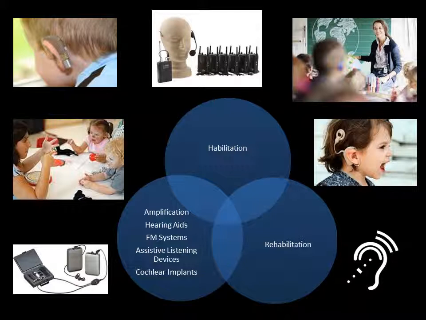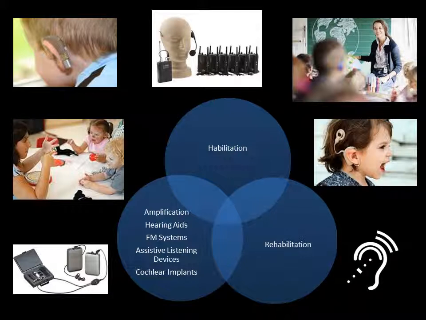So when we look at treatment for people with hearing loss, we have two terms that we use: habilitation and rehabilitation. So rehab or rehabilitation is the restoration of a skill that has been lost.